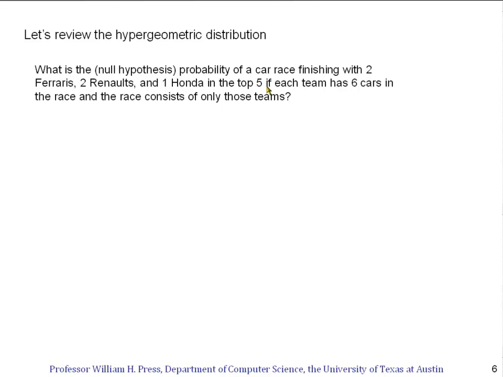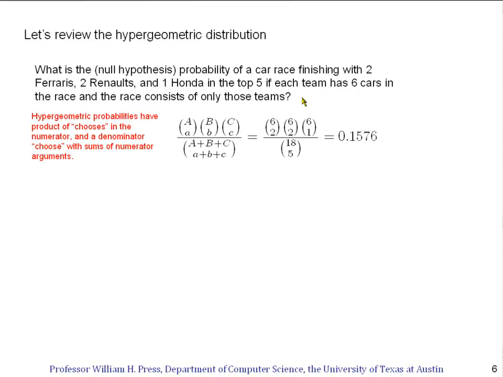Now, of course, we want to ask this under the null hypothesis. And the null hypothesis here is that each race car has an equal probability of finishing in the top 5. So let's calculate that. Well, that's an easy probability problem. We just need a bunch of these choose functions, which we know are binomial coefficients.